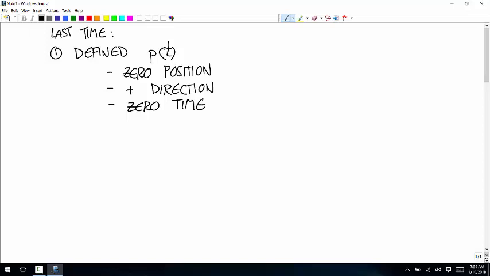And once you have the function position versus time, we defined the instantaneous velocity also as a function of time.